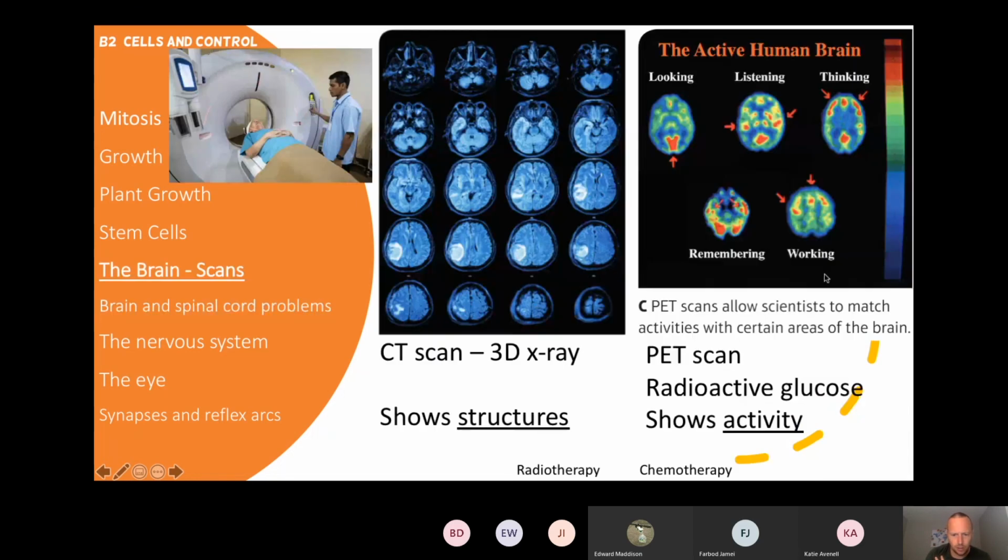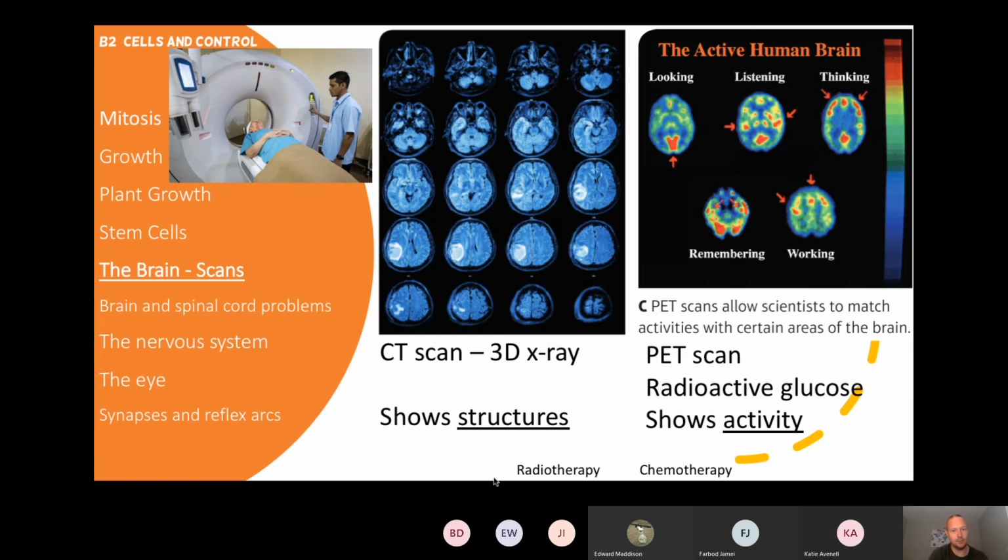Right. Oh, one more thing. If someone has a brain tumor, what are the possible options? Number one, surgery. You can physically open up the cranium and remove it through surgery. Another one, radiotherapy. This is using gamma rays to target and kill the cells that are making up the brain tumor.